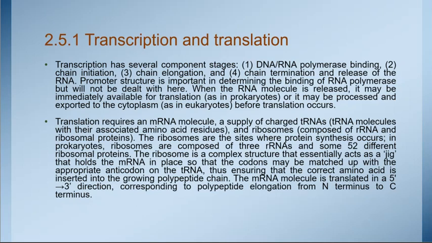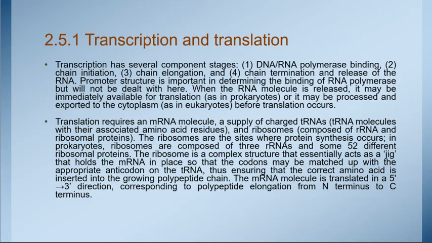When the RNA molecule is released, it may be immediately available for translation, as in prokaryotes, or it may be processed and exported to the cytoplasm, as in eukaryotes, before translation occurs.